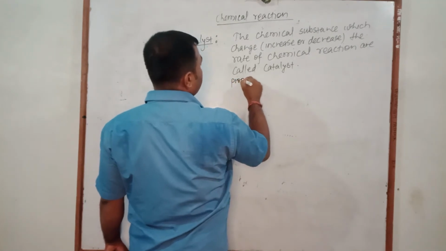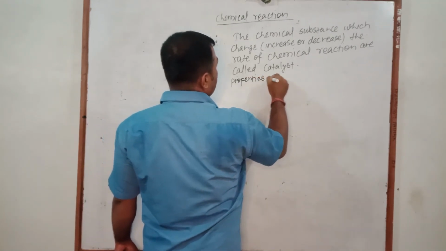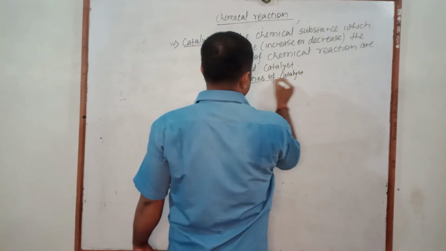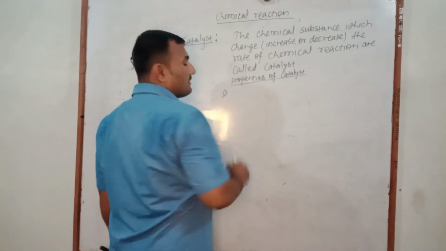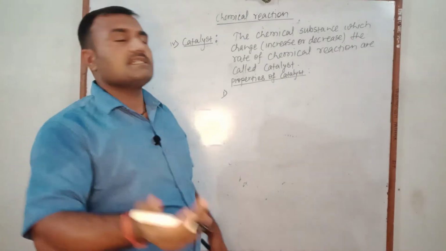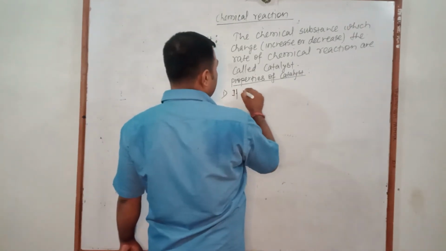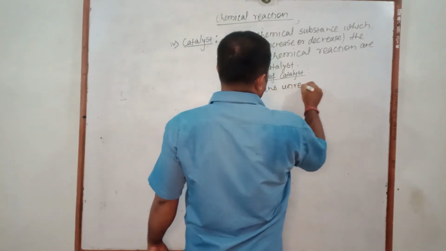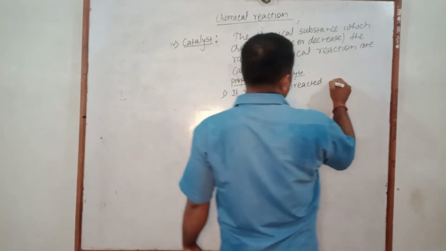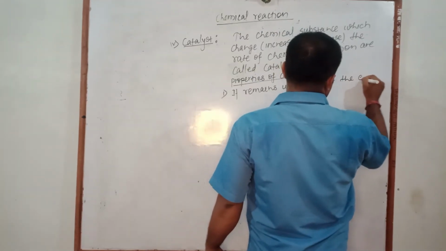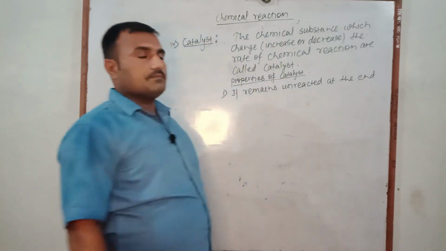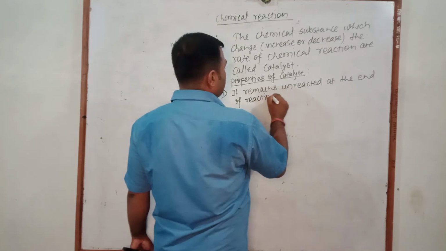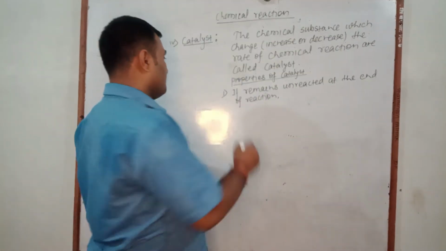Here we write the properties of a catalyst. A catalyst remains unreacted at the end of the reaction, or it does not take part in the chemical reaction.